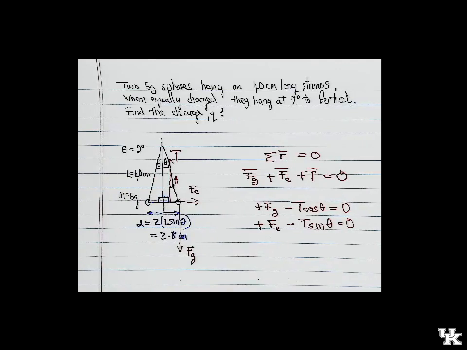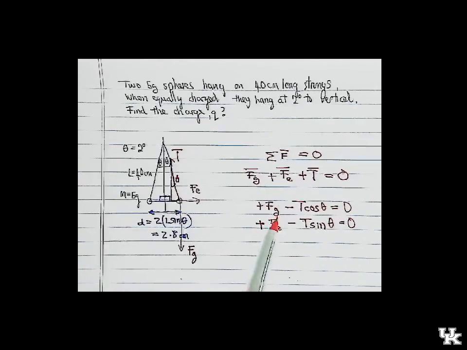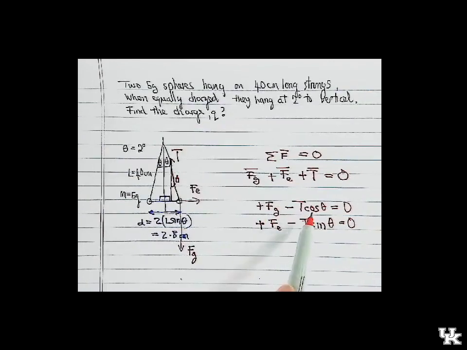And the tension in the horizontal direction, the piece that's horizontal, opposite the angle, is T sine theta. So in the vertical direction, we've got gravity downwards, which I call the positive direction, and a portion, T cosine theta, of tension upwards. That's the reason for the minus sign. They add up to 0.